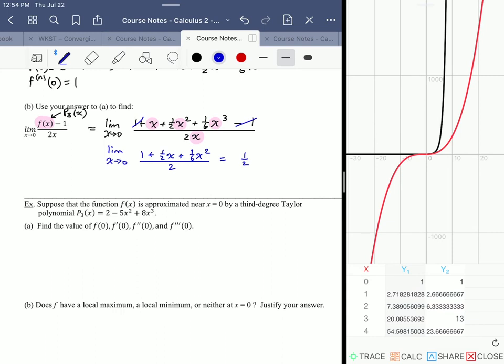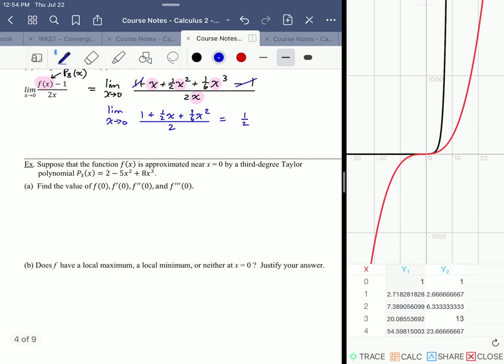All right, so next example, suppose the function f of x is approximated near x equals 0 by a third-degree Taylor polynomial, given. Find the value of f of 0, f prime of 0, f double prime of 0, f triple prime of 0. Since we can approximate it near 0, we have some function f of x that can be approximated by the Taylor polynomial.